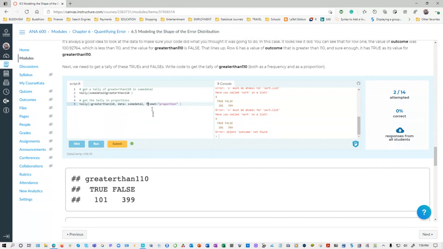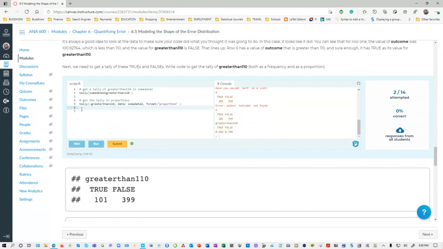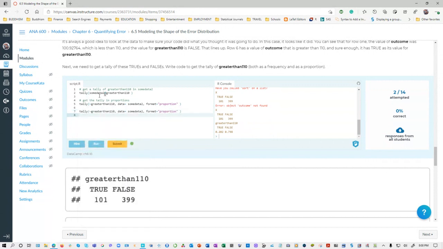Some data 2, format, the spellings here. Sorry. Yeah, that's the problem. Sorry. Format proportion. Yeah. See, if you want, you can write like this. 2 should be. You notice that there's a mistake with the proportion spelling. Say okay, tally.